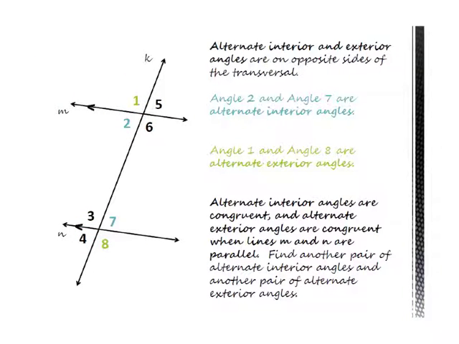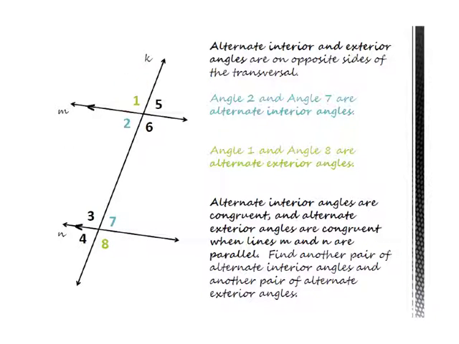Alternate interior angles are angles that lie on alternate or opposite sides of the transversal, but are on the inside or interior of the parallel lines. Angles 2 and 7 are alternate interior angles. Alternate exterior angles lie on alternate or opposite sides of the transversal on the outside of the parallel lines.